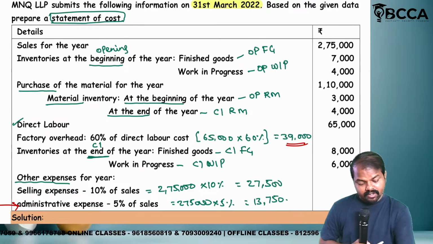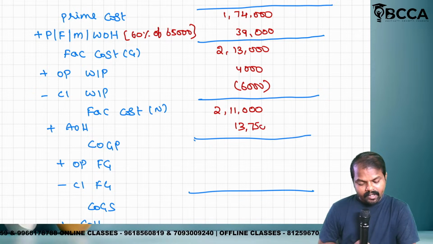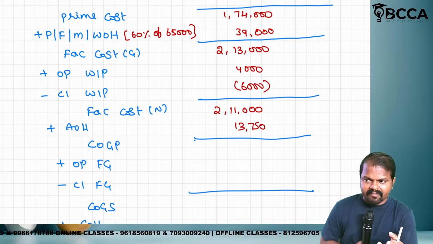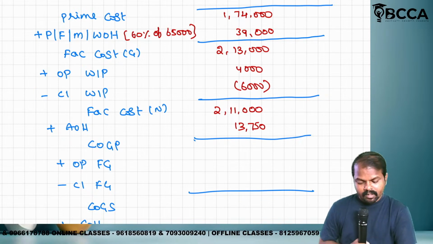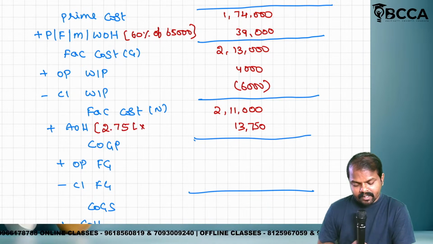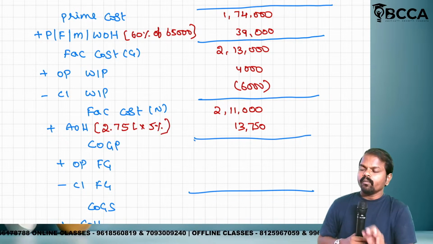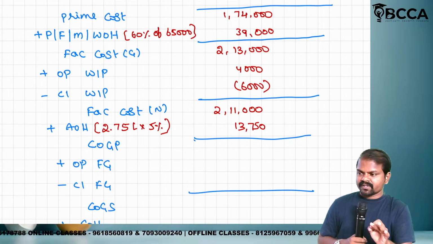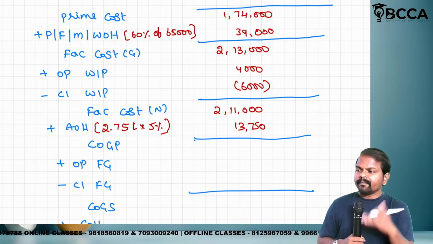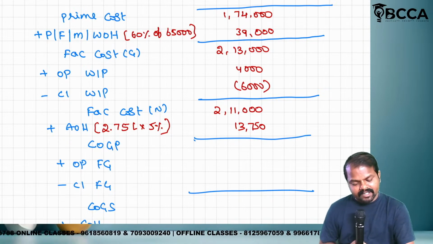How much? 13,750 they will give us. We are calculated. How you calculated? 2,75,000 into 5%. Clear? Whatever we calculated, we have to disclose. No need to calculate means please insert in the format. Clear? Please add it.